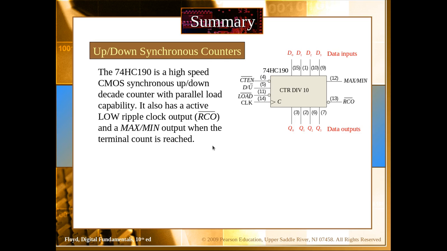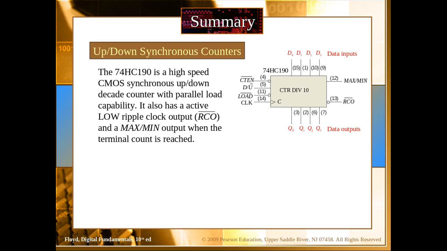Another important thing to remember here is the symbolic notation of a counter. We usually represent a counter by CTR div followed by the number of counts in the sequence. So for example, a decade counter would be represented as CTR div 10.